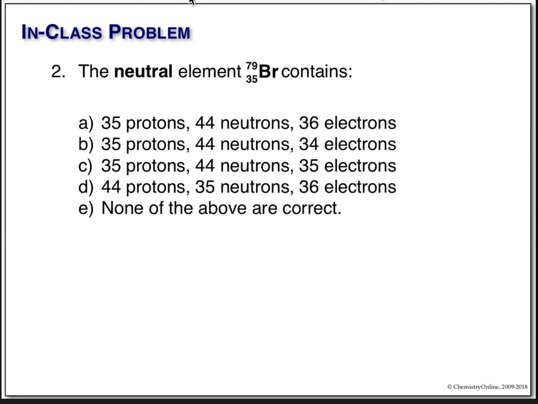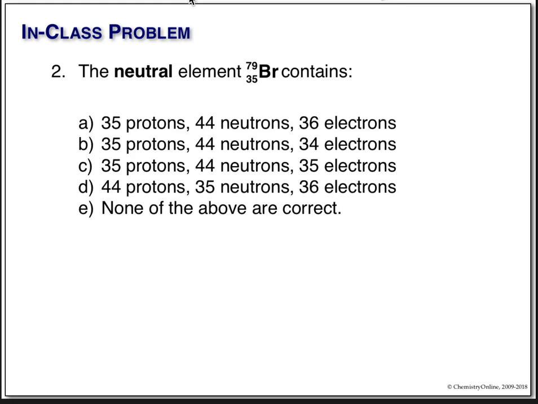Here we have neutral bromine-79. Which of these is true? How many protons does it have? Remember, the subscript is the atomic number.